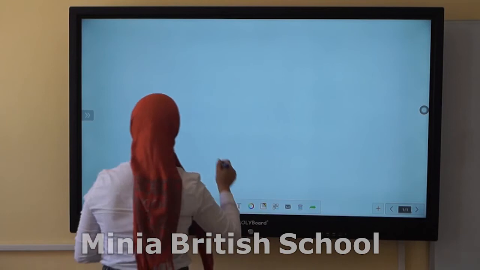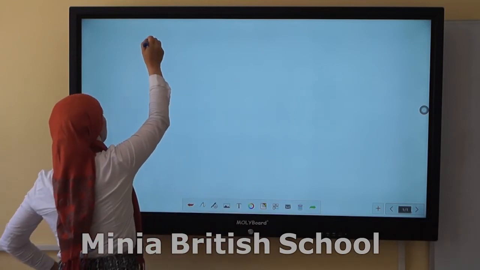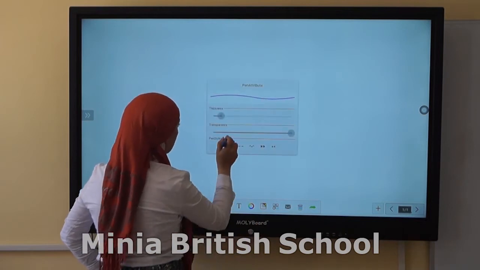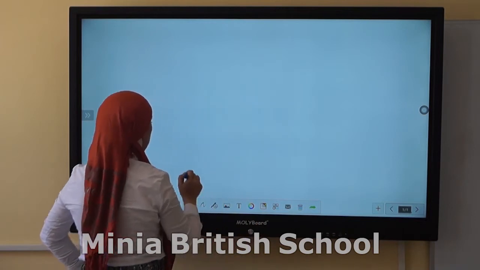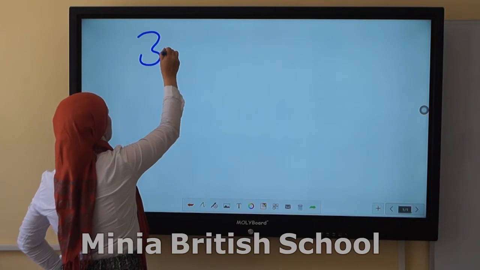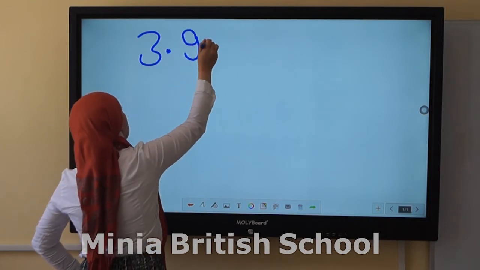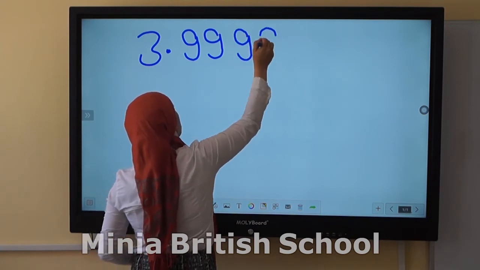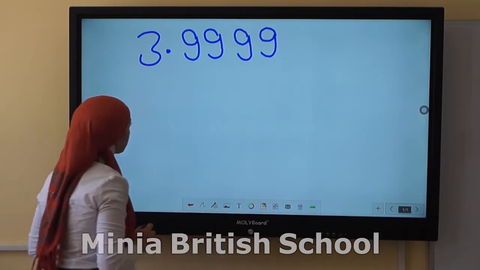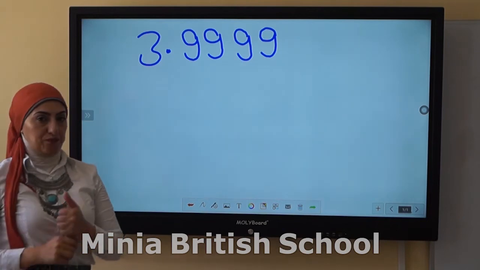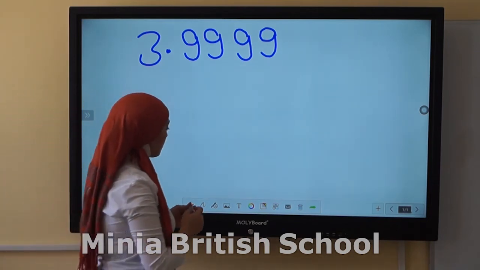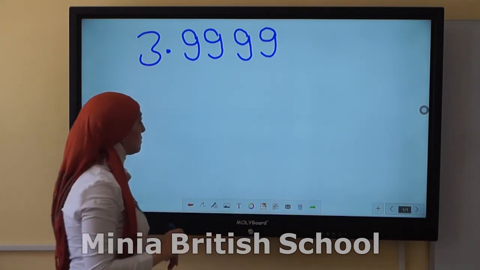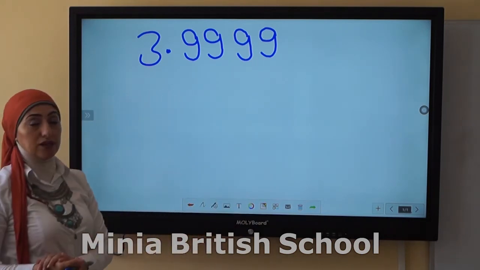One more example. For example, 3.9. Here, approximate to the nearest thousands.